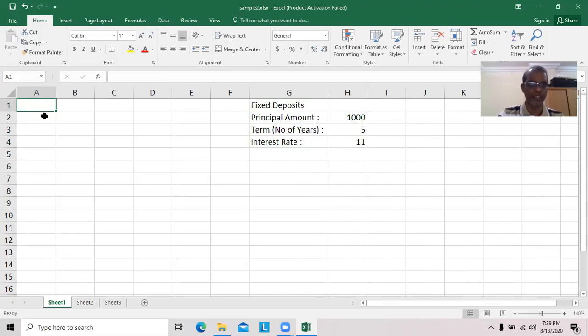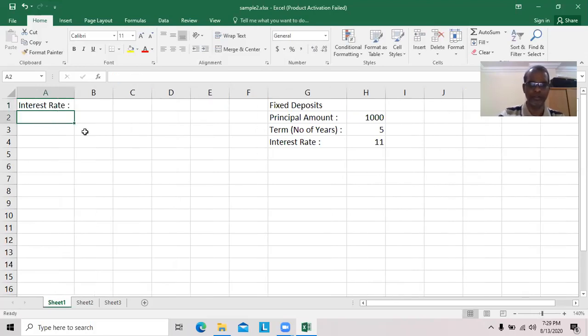In A1, I type interest rate. In A2, different rates, 8%, 10%, as well as 12%. Here, I like to type one formula which calculates the simple interest for this principal amount, number of years, as well as interest rate.